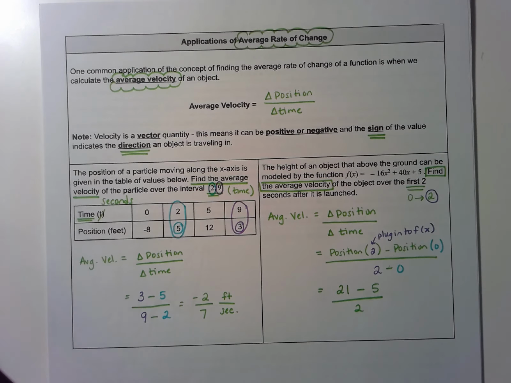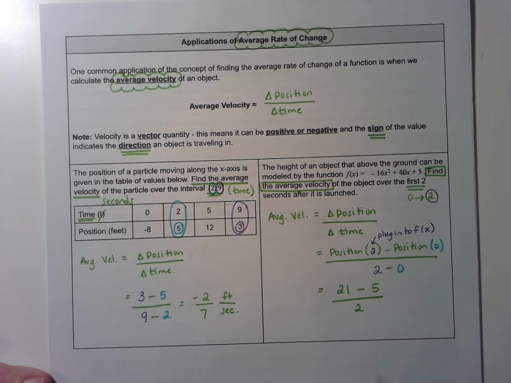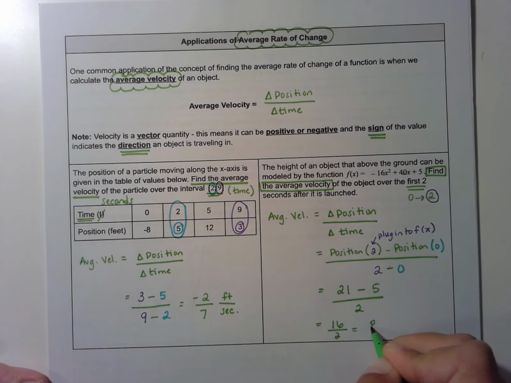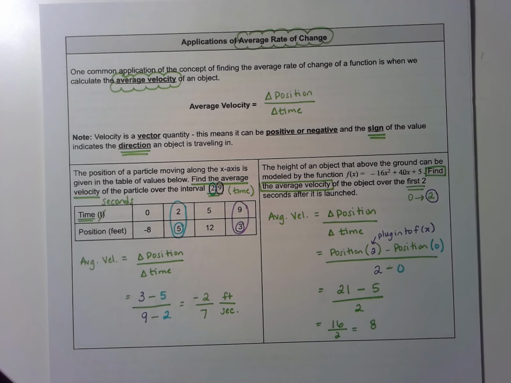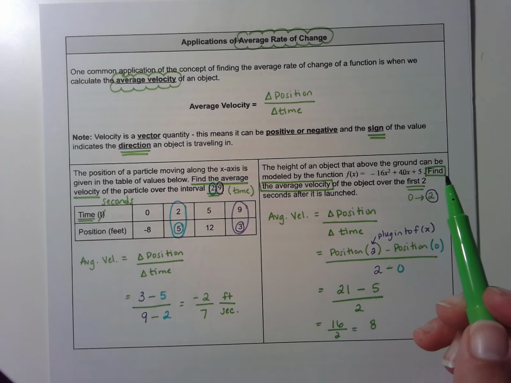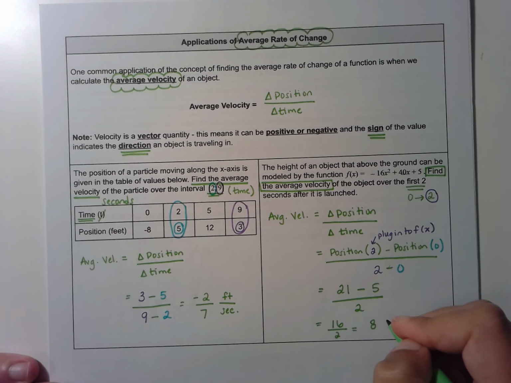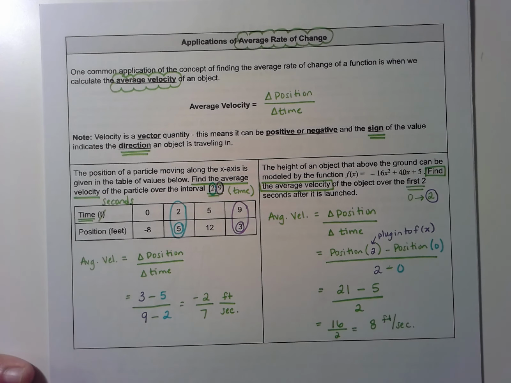And I got the 0 really quick there because I know that if x is 0, these terms kind of disappear, which means that in the end, I get 16 over 2, which is 8. Now my units here would be the change in position, and it says here that the height of the object can be found, it doesn't say the units, let's pretend they're feet. So feet per second. Let's pretend I had remembered to type the units.